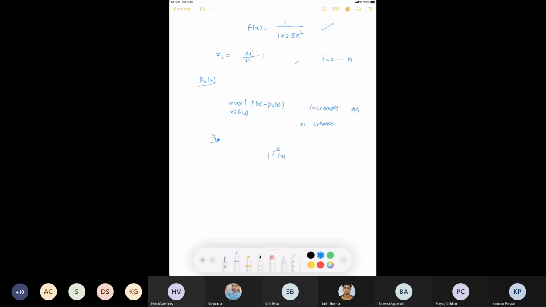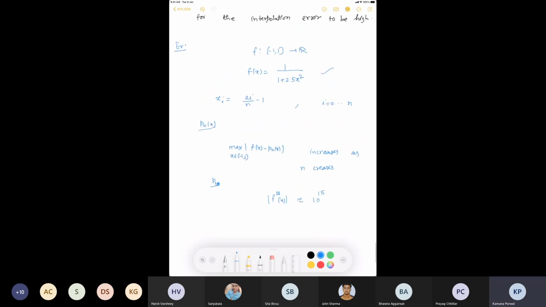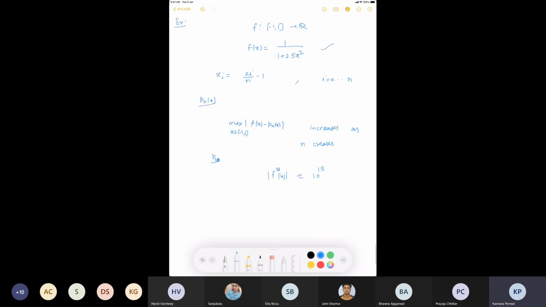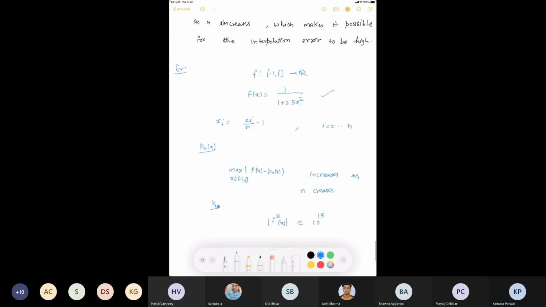The reason for this phenomenon is that as n increases, the magnitude of the derivatives gets larger. This is going to be approximately 4 times 10 to the power 15. If you want to check all the details, there is actually a whole paper written on this phenomenon. This is called the Runge phenomenon.